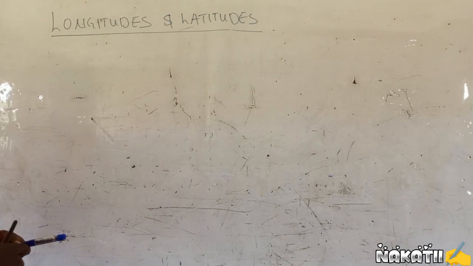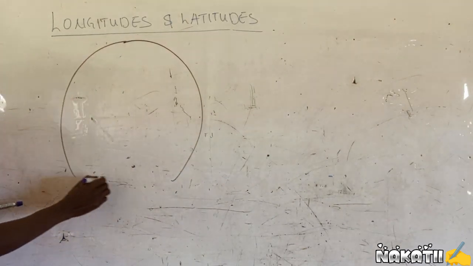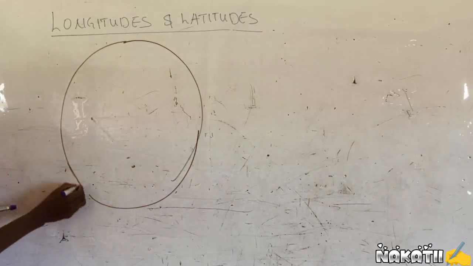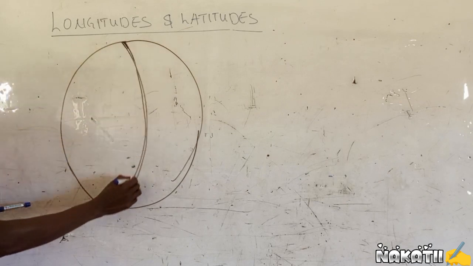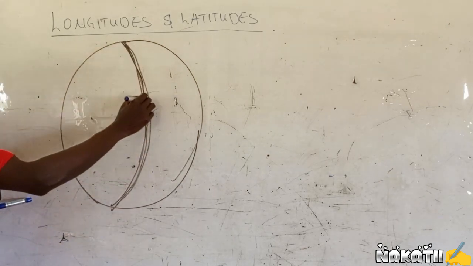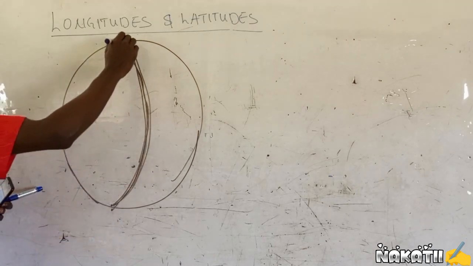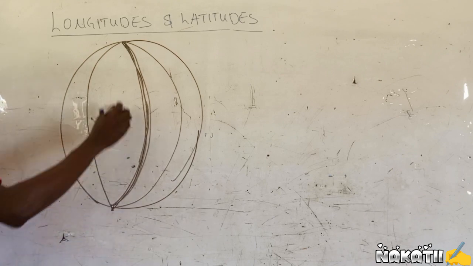For example, I'm assuming this is my Greenwich meridian. Let me do it well. Then I have another meridian like this, and I have another one like this one.